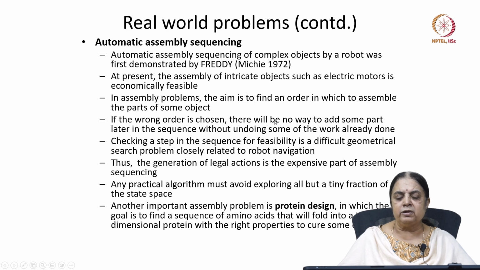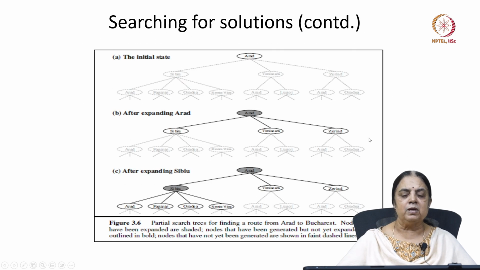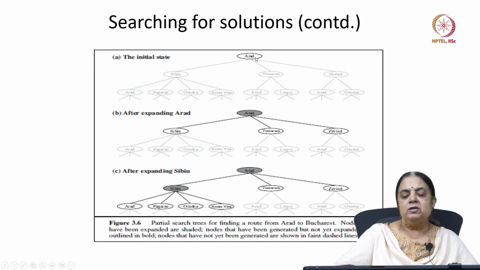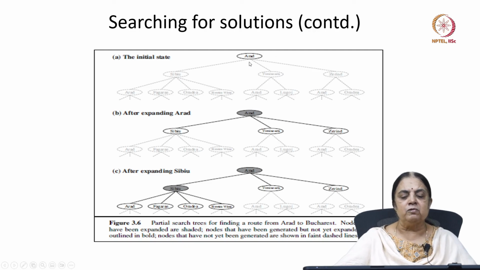So you are starting from Arad, and first you are going to start your search with just this particular node. Then this node is chosen for expansion, and when you choose this for expansion, you are going to get 3 nodes like this.